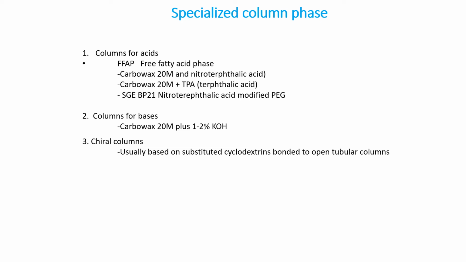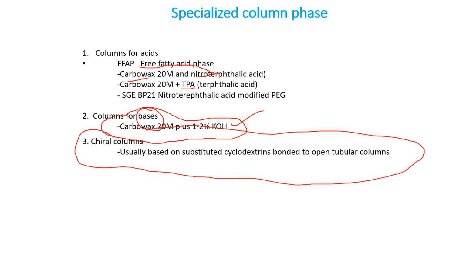So for specialized column phases, we have first the Carbowax just now, and it's also suitable for bases. A column for acids means that if you want to analyze free fatty acids, you can use Carbowax 20M plus TPA, nitroterephthalic acid. And a chiral column is usually one where the siloxane is substituted with cyclodextrin in the column.